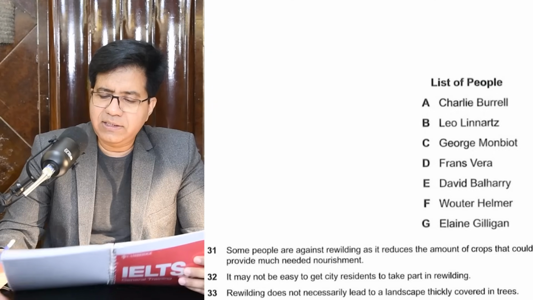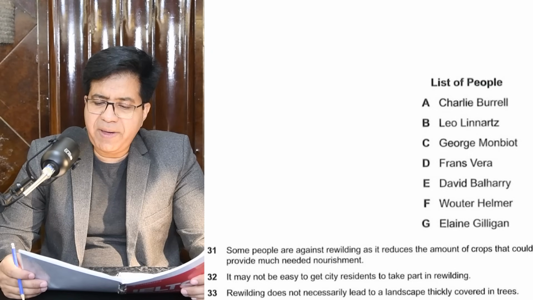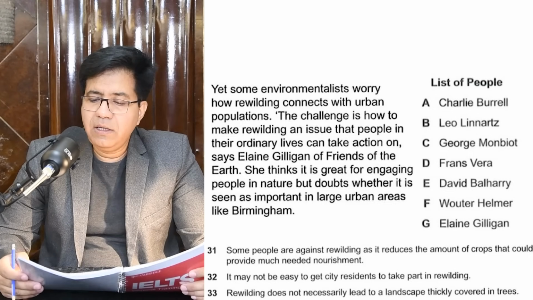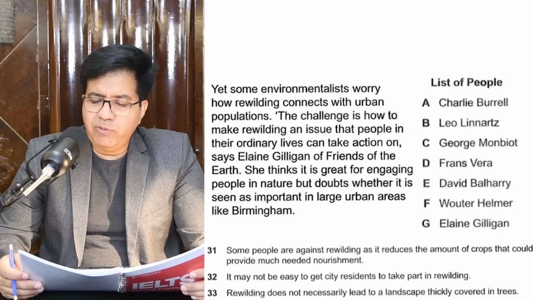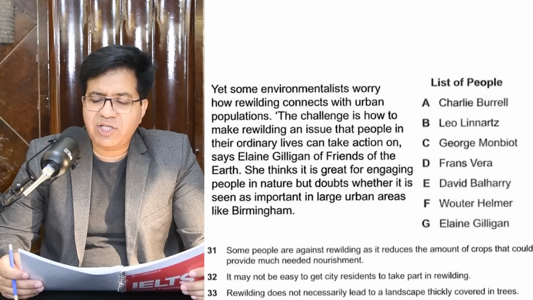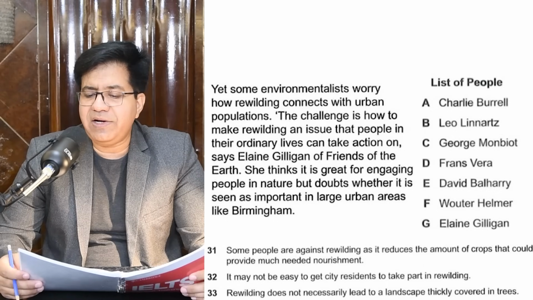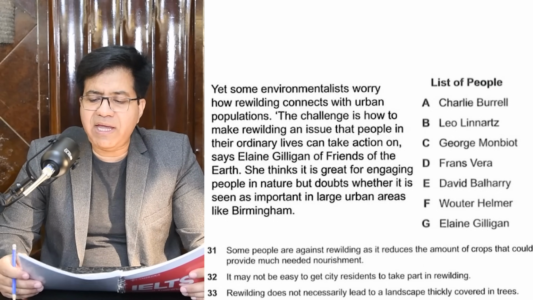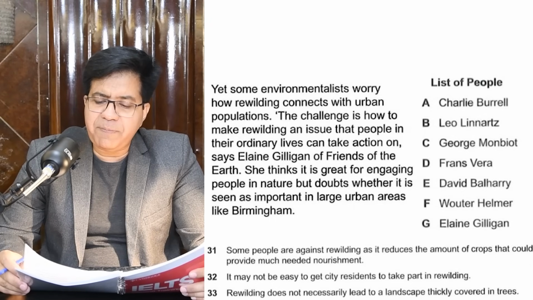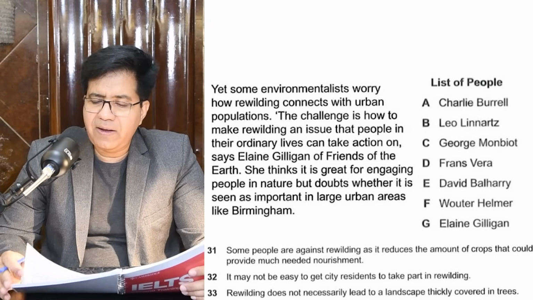Let's come back. Aline. Second page, fourth paragraph. The challenge is how to make rewilding an issue that people in their ordinary lives can take action on. Now, people should take action. So, what is the difficulty? The difficulty is how to make rewilding an issue that people in their ordinary life can take action on, says Aline Gilligan.